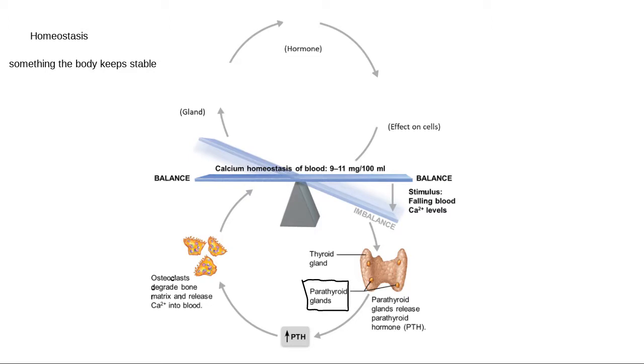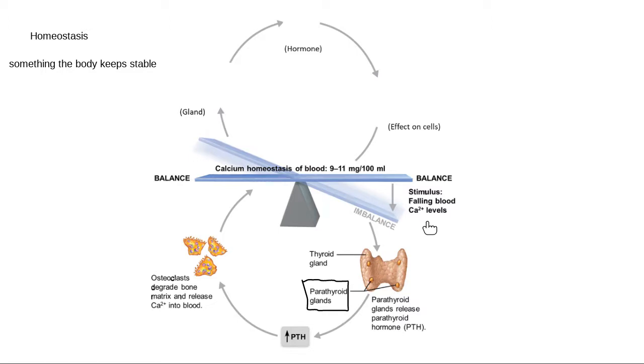When I talk about endocrine organs, what do endocrine organs do? What's their general job? Yeah, anytime you hear endocrine, it's all about hormones. So my parathyroid glands are an endocrine organ, which means the way they're going to respond if something is wrong is they're going to spit out a hormone.